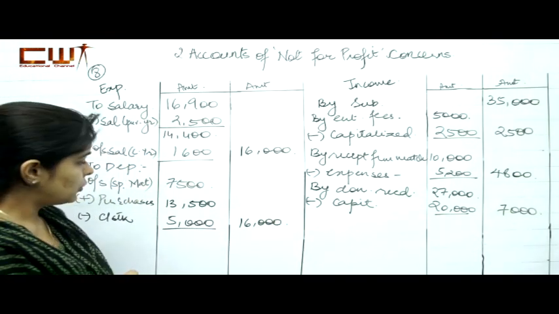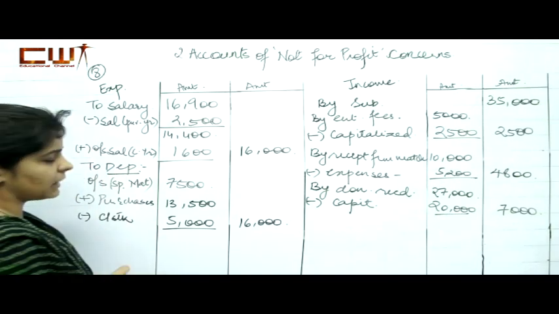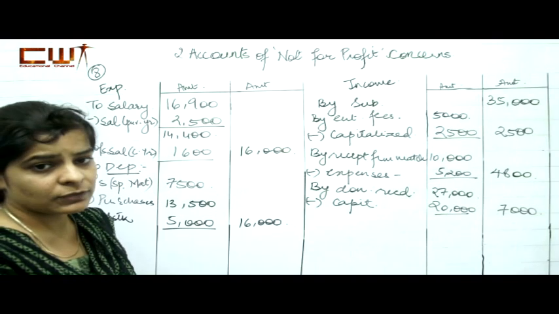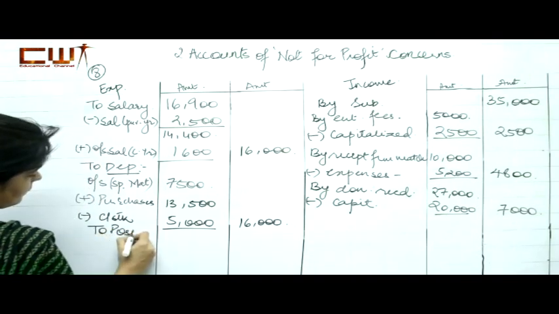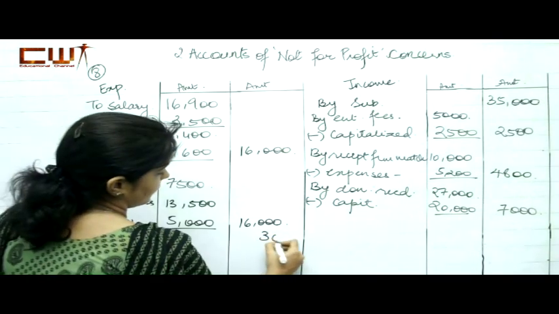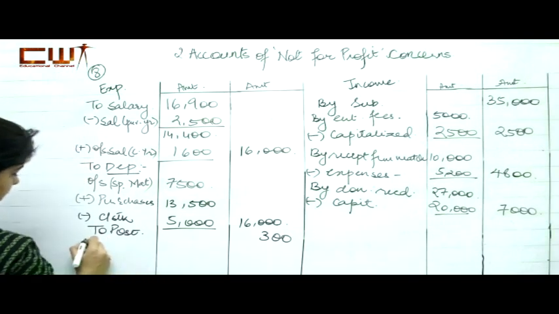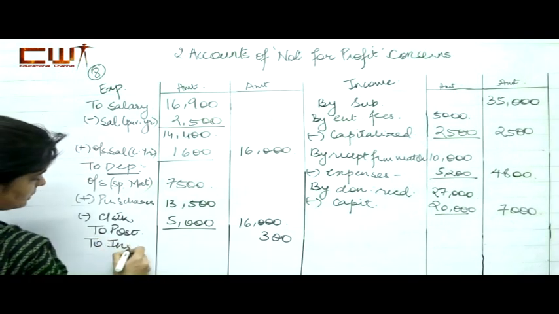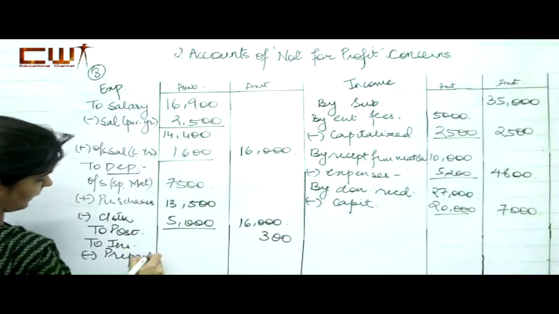Now you have 16,000 as the depreciation on sports material calculated. Now you have the postage. There is no adjustment. Write it directly, 300. Then you have the insurance, right? In insurance you have the prepaid also, so you have to subtract the prepaid insurance.